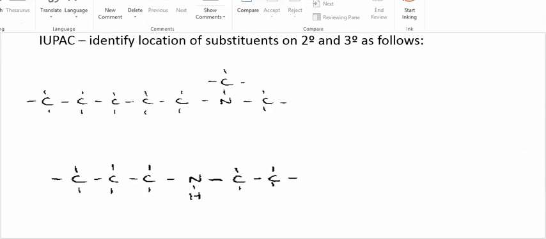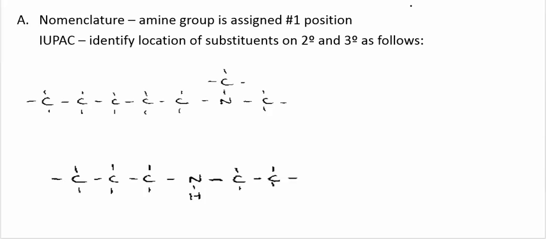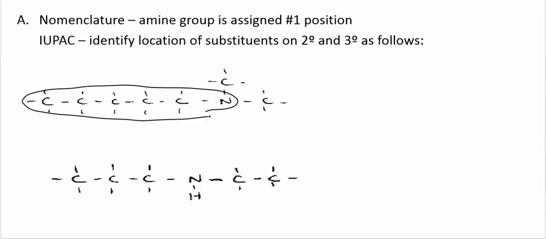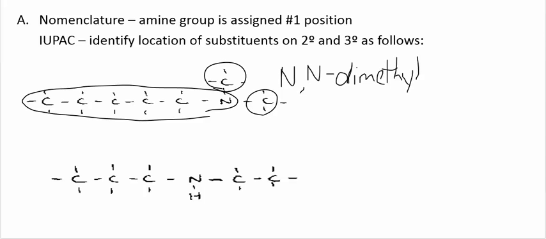Let's look at a couple more examples of some amines. This first example, longest chain is right here. That gets the suffix. So I have 2 substituent groups. Those are methyl groups. They're both bonded to the nitrogen. So I would say N,N-dimethyl. That will take care of these 2 groups here. Longest chain is a 5-carbon chain, which is pentanamine.